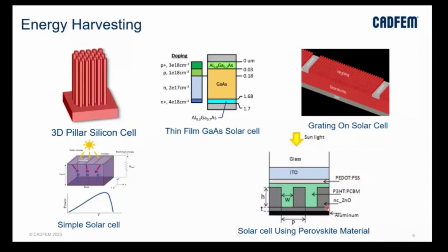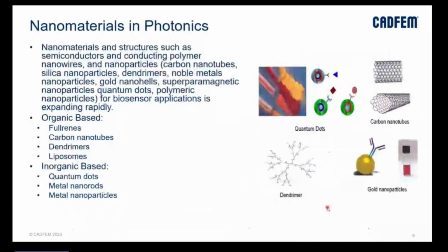Now, coming back, I was talking about the materials. These materials can be used for bulk designs, or for nanomaterial and nanoparticle design. The nanomaterials and structures can be made up of semiconductors or conducting polymers.